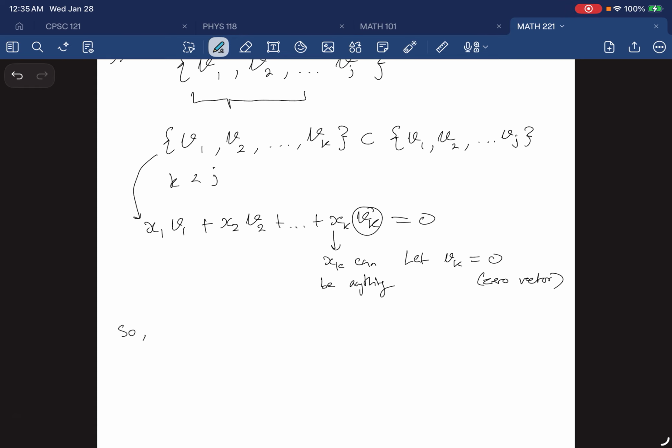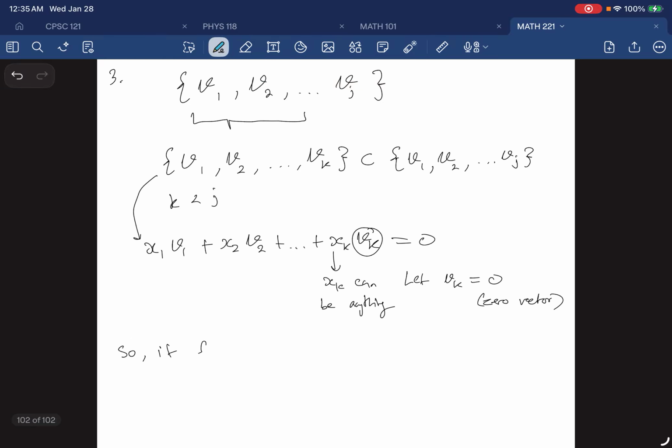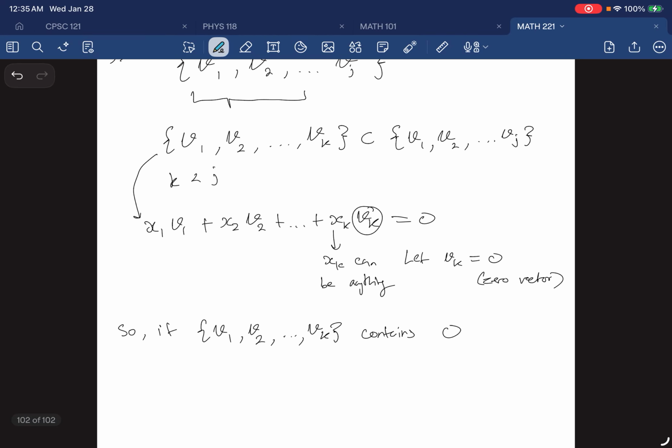So if v1, v2, up to vk contains 0, then the overarching set v1 to vj also contains the 0 vector.